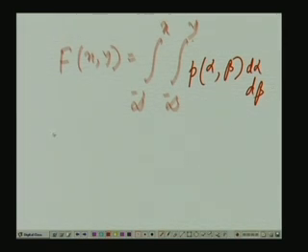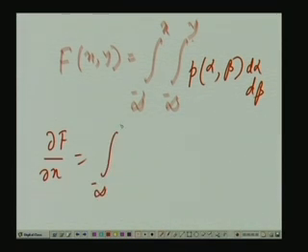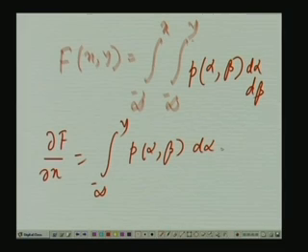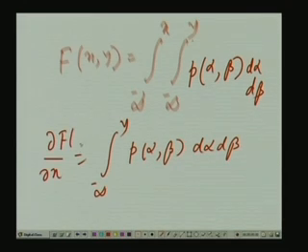So, obviously, if I differentiate it with respect to x, this goes, I am left with only this. Okay. And what is this f? F was x y.